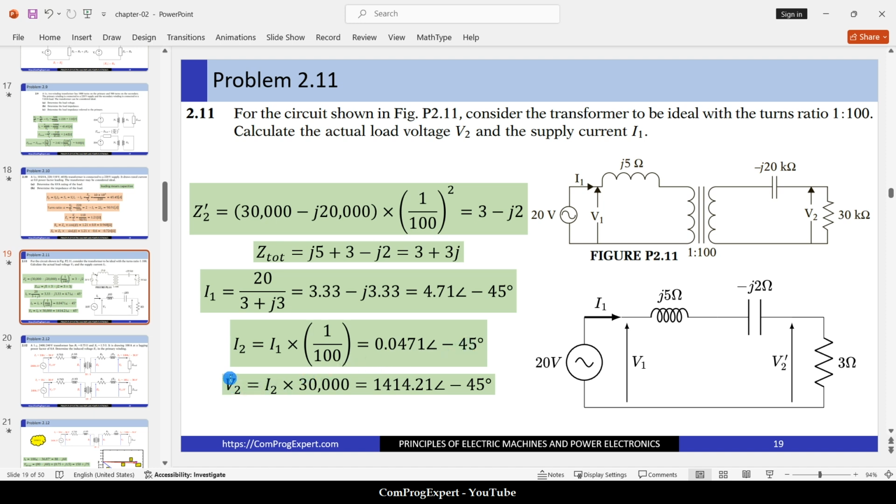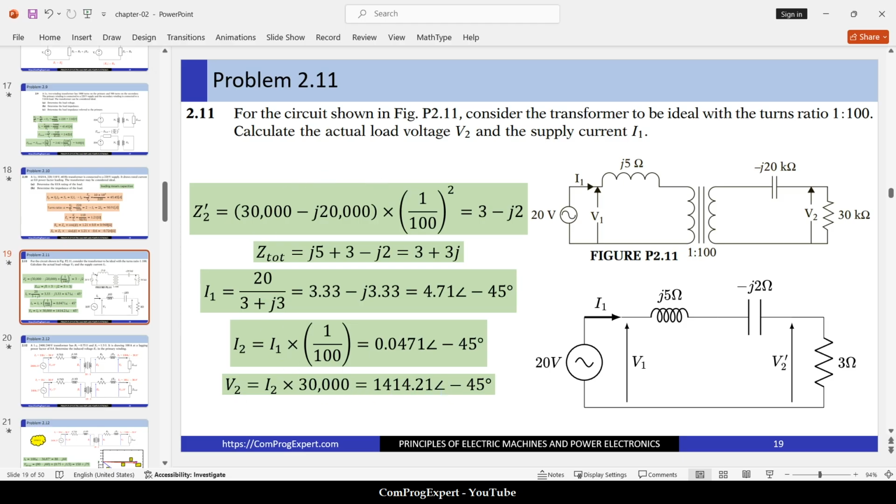And finally, we can calculate V2, that is I2 times the value of this resistance that we have here, 30 kilo ohm. Because I transferred the current to the secondary side, we should use the actual value of the resistance, not the referred value, right? This is important. Otherwise, you calculate this V2 wrong. And this is the value of V2 in this case.